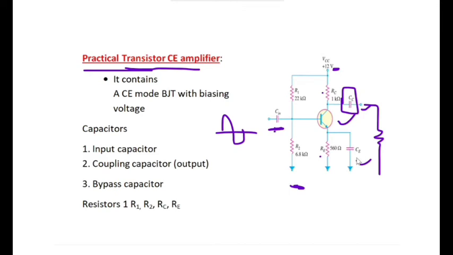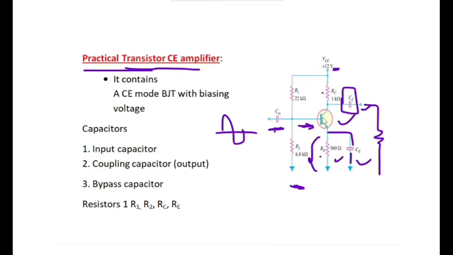Why do we use a bypass capacitor? Because the RE value is very high. If you use a very high resistance value RE, then the maximum voltage drop will occur at this RE, very little signal will be transferred to the load, and the large drop at RE also disturbs the biasing of the circuit. So to reduce these effects, we provide a low reactance path for the AC signal, and for that we use a capacitor across RE.